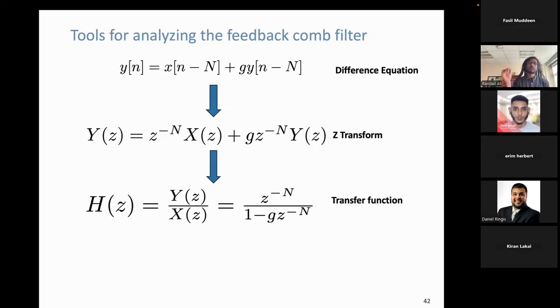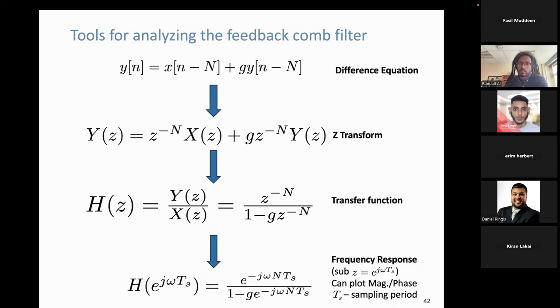We see a numerator component and a denominator component, which means that this is now an IIR type filter here. So we have a set of delays on the top and this 1 minus g times z to the minus N. And we could also do a similar thing by looking at its frequency response by setting z equal to e to the j omega times Ts.